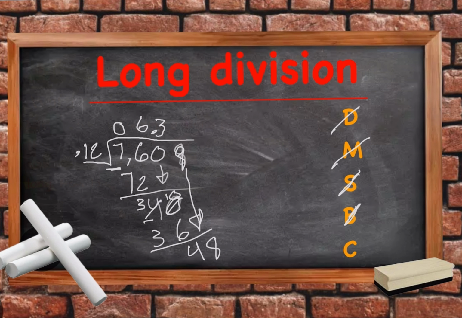Now we know what's 12 times 5 and 12 times 3, which is 60 and 36. But those are bigger and smaller than our number 48. So let's try 12 times 4. Let's see. 12 times 4, so we do 4 times 2, which is 8, and 4 times 1, which is 4.